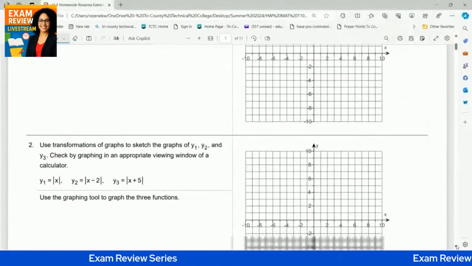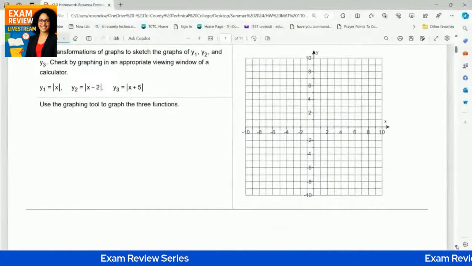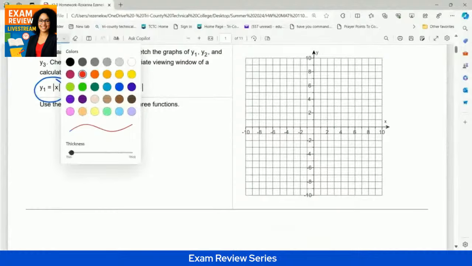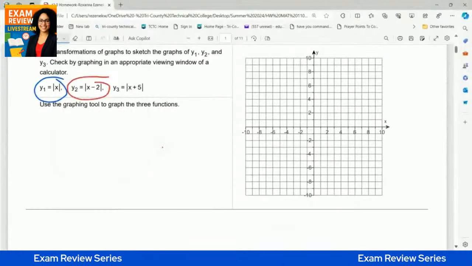I want you to note that number 2 is an absolute value function. So this is the parent function of the absolute value function. And this is a horizontal translation of the absolute value function.